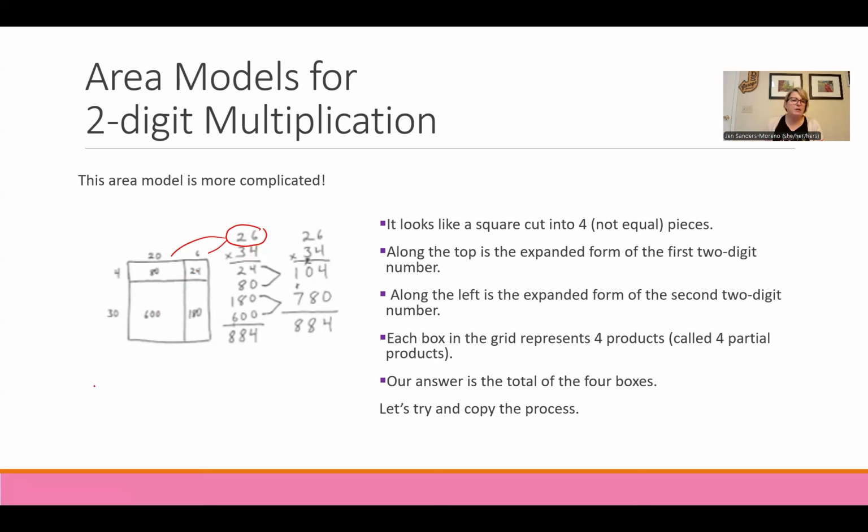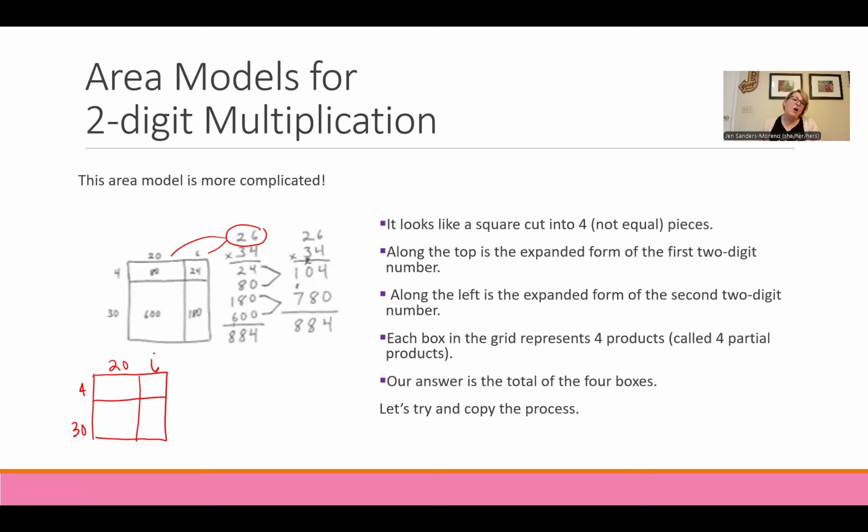I know that you can see the picture right there, but what we have is 20 and 6, and then 4 and 30. When we go to cut it, we're going to cut it kind of smaller on the ones and smaller on the ones. And that's what gives this offset sort of picture.